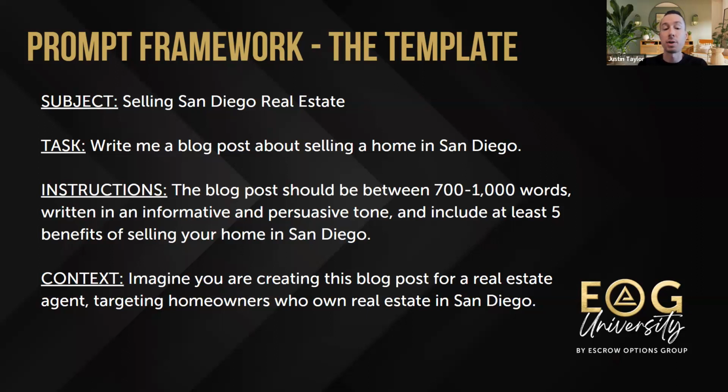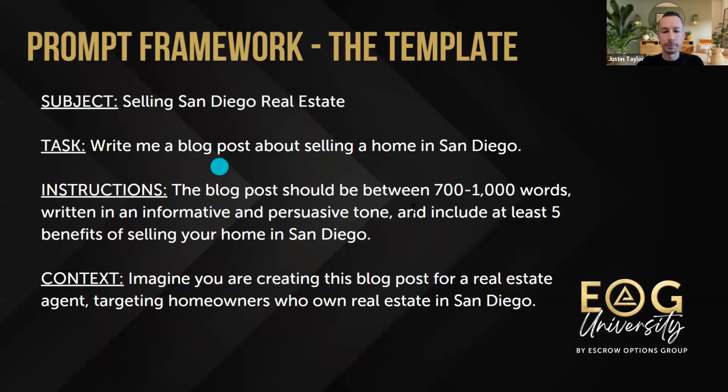Context. Imagine you're creating this blog post for a real estate agent targeting homeowners who own real estate in San Diego. A lot more specific, right, than what we've talked about in the past. This gets a lot more detailed, but it gives GPT enough information on specific key items that your output's going to be a lot better.